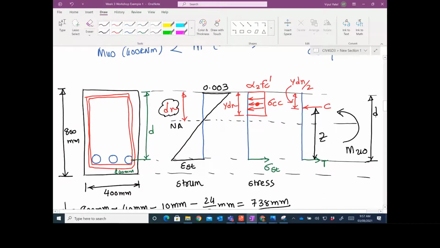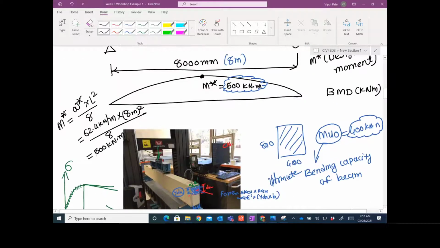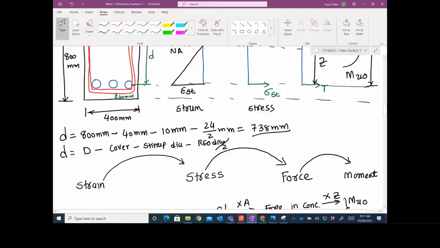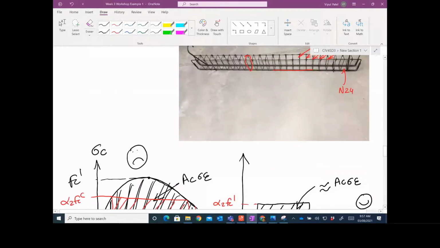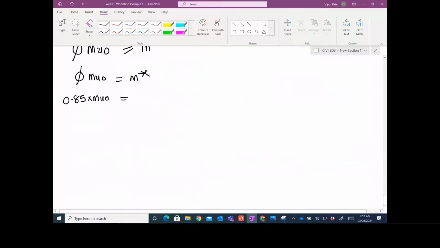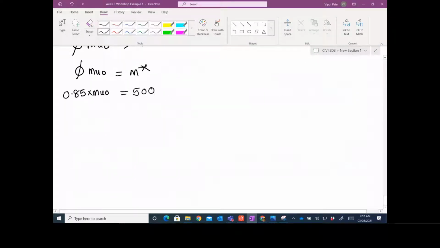Oh, sorry, M star was 500 kilonewton meters. So Muo equals 500 over 0.85. We will get 588 kilonewton meters.